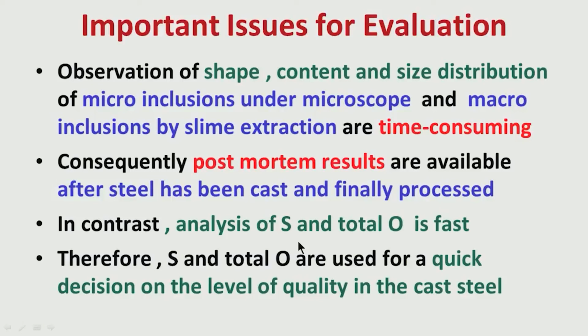In contrast, analysis of sulfur, phosphorus and total oxygen and nitrogen, even hydrogen, is relatively fast in steel. So, using this information we can take a quick decision on the quality level in the cast steel itself and take a disposition decision, whether that cast slab should be processed for which type of quality.